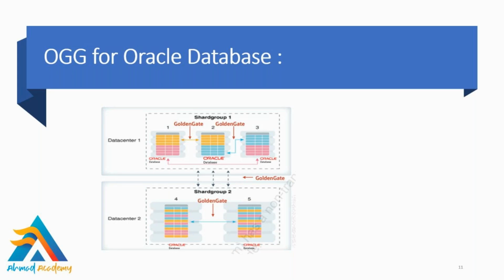Okay, so for DR, the standby shards are located in another region. So Oracle GoldenGate microservices architecture provides a complete data replication platform for sharded databases. Okay, so if you have sharded databases, you have Oracle GoldenGate for replication.